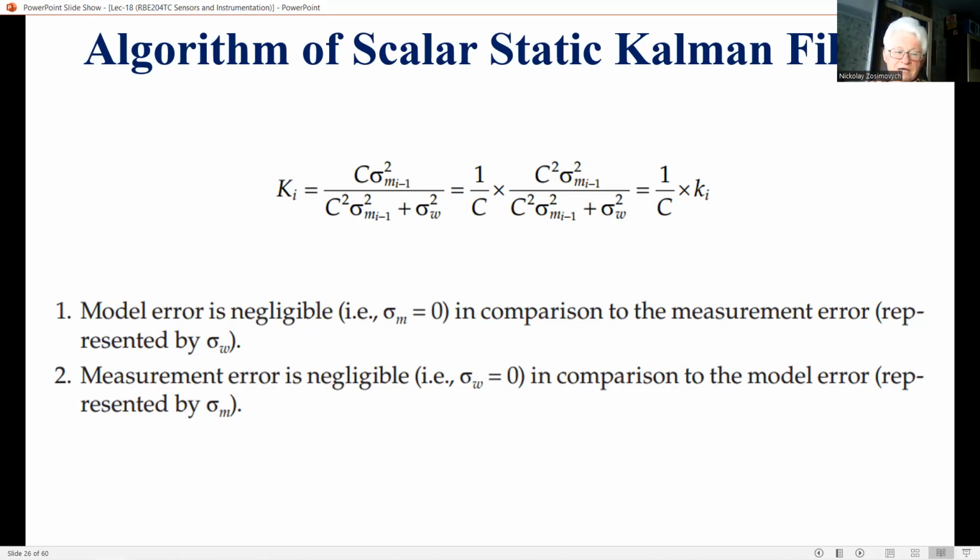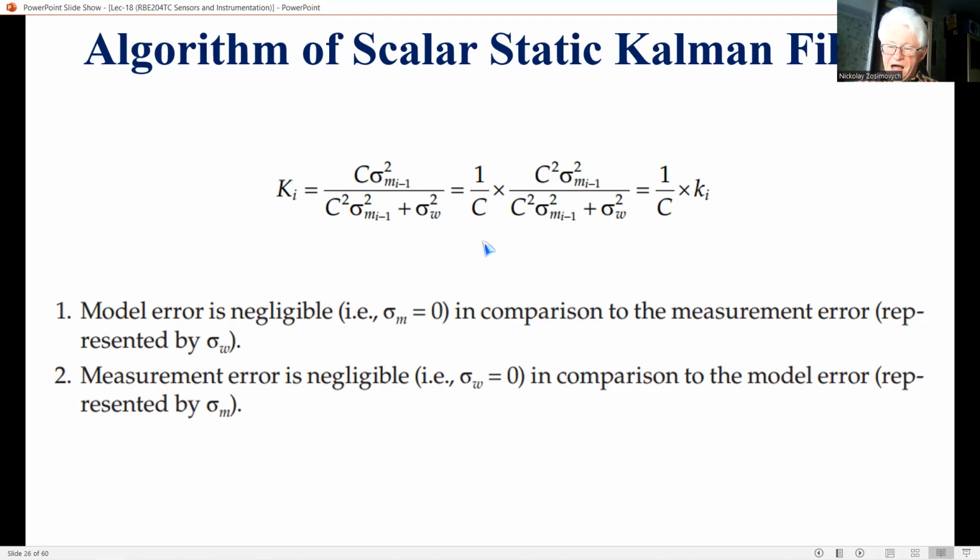And also note that the estimated value of M is the mean value. Okay? It follows that the recursive formulation of the present estimation, or static Kalman filter scheme, is as this nice equation.